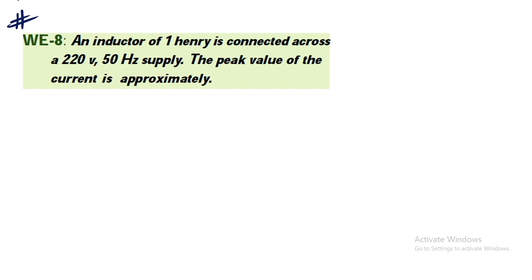Nothing changes, because where did 2 into 10 power minus 3 come from? This is the RMS value, no? This will be written as 2 into 10 power minus 3 amperes.